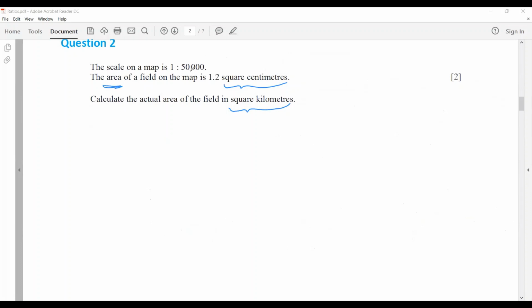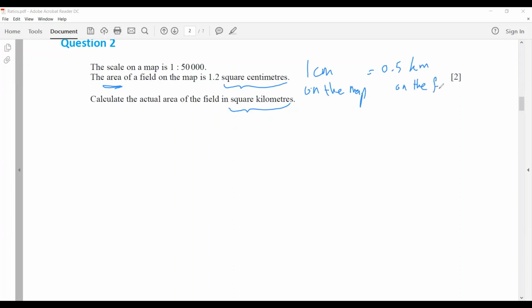Now, what we can do, maybe this time I do the conversion here. I say 1 cm on the map is equal to 0.5 kilometer on the field.